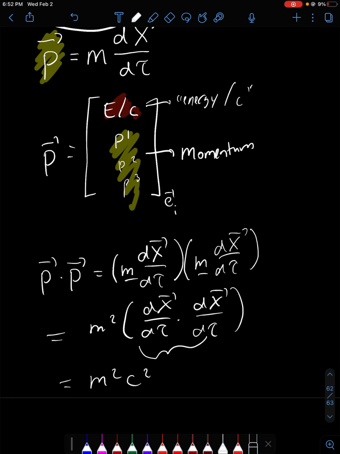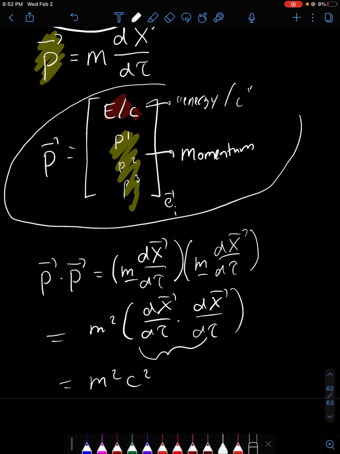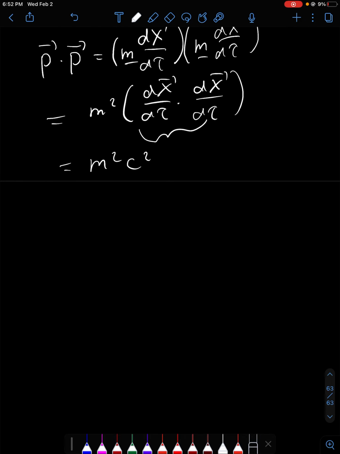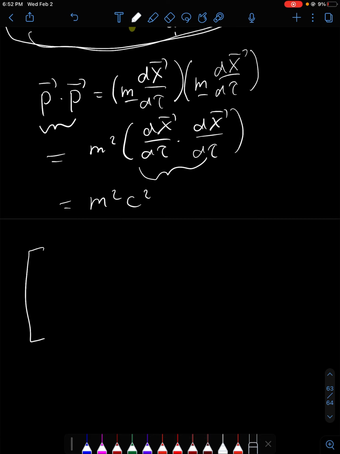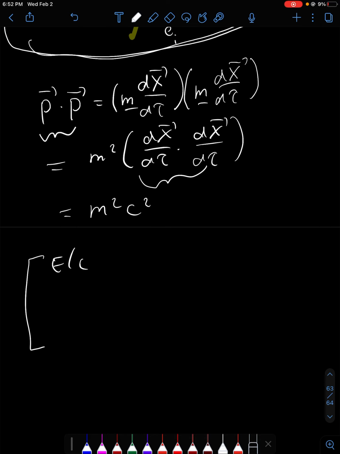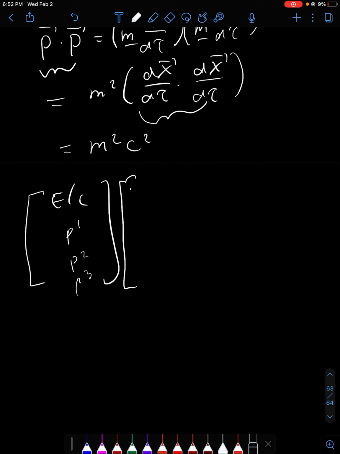Now recall that p is this over here, this p vector. So essentially we have the dot product of p with itself. If this is the p vector, then the dot product of p with itself is going to be (e over c, p1, p2, p3) times (e over c, p1, p2, p3) times the Minkowski metric.